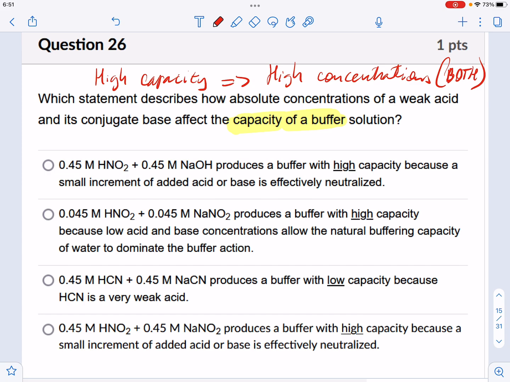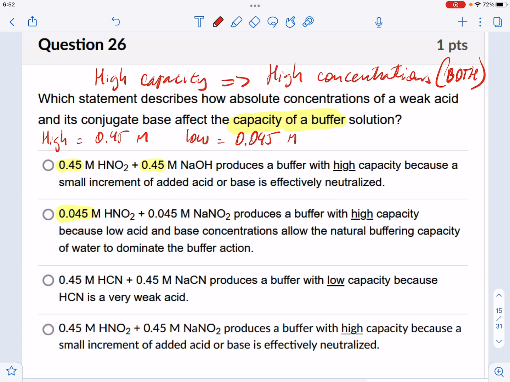Okay, so here, what's high, what's low? Well, when you look at the numbers here, you have 0.45, all right, and somewhere you have 0.045. That's 10 times lower, all right, which means in this particular problem, high is 0.45 molar, low is 0.045. Okay, it's basically you have two concentrations, whichever is higher, that's your high capacity buffer, whichever is lower, that's your low capacity buffer.